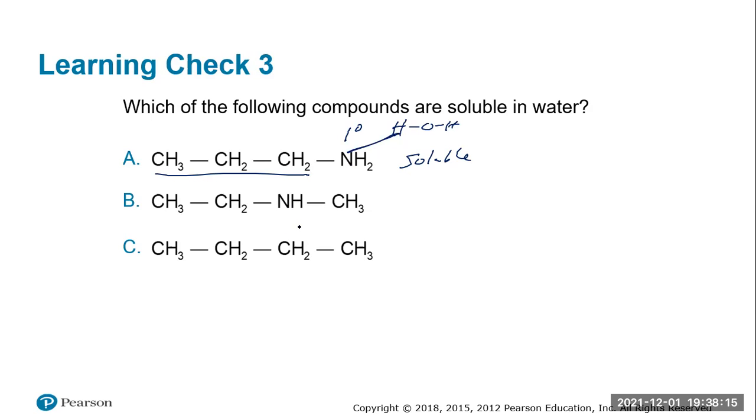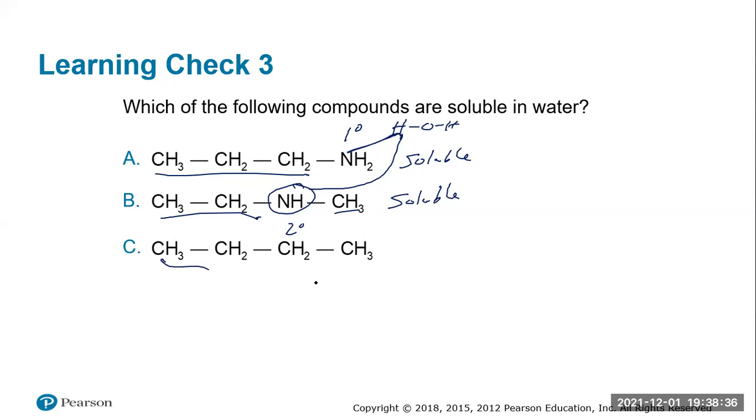Here we have a secondary amine, still under 6 carbons. Even though there's a little more stuff around, it should still allow that nitrogen to get in there and hydrogen bond with the water. So we should expect this one to be soluble as well.